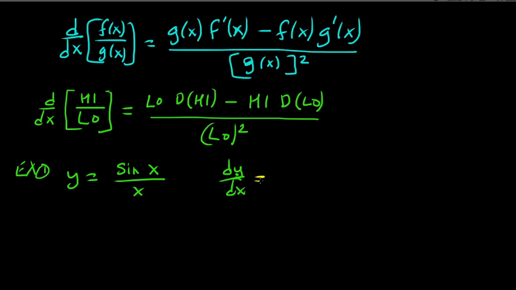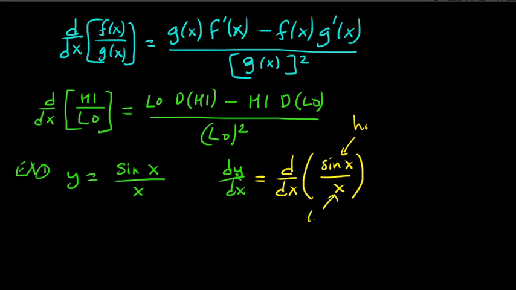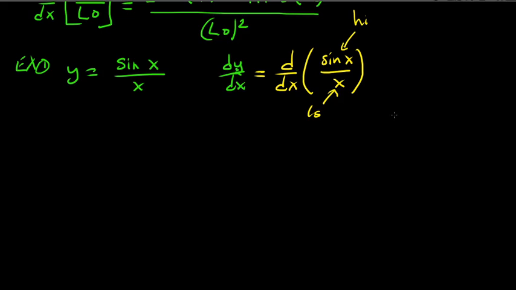In other words, we want to take the derivative of sine of x divided by x. So there's my high, there's my low. X is low, sine of x is high. So to take the derivative, low d high minus high d low.